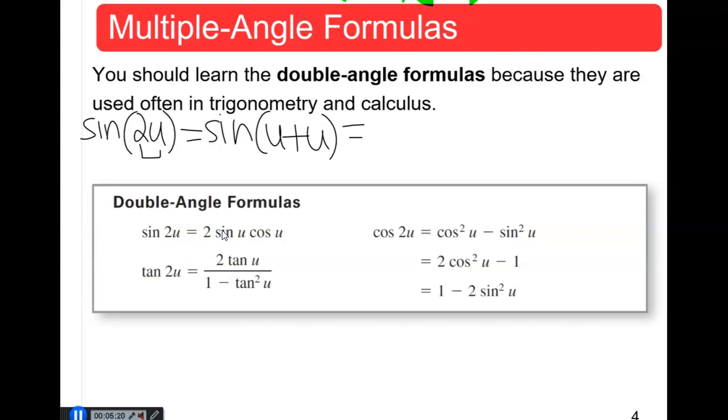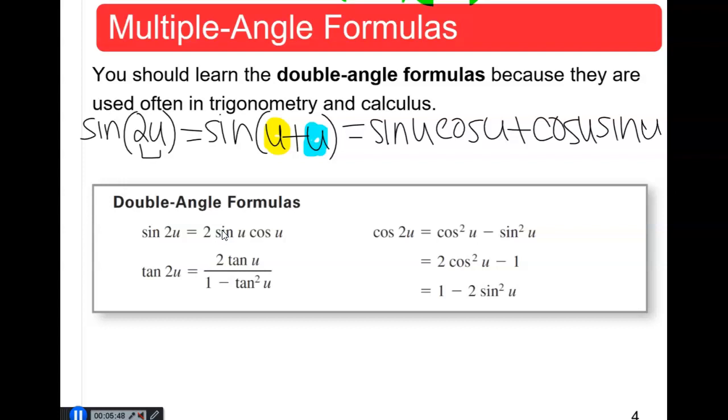And if I use the formulas from last section, 5.4, I could rewrite that as the product of sine of the first angle, which is u, times the cosine of the second angle, which happens to also be u. And then it would be plus the cosine of the first angle, u, times the sine of the second angle, which is also u.